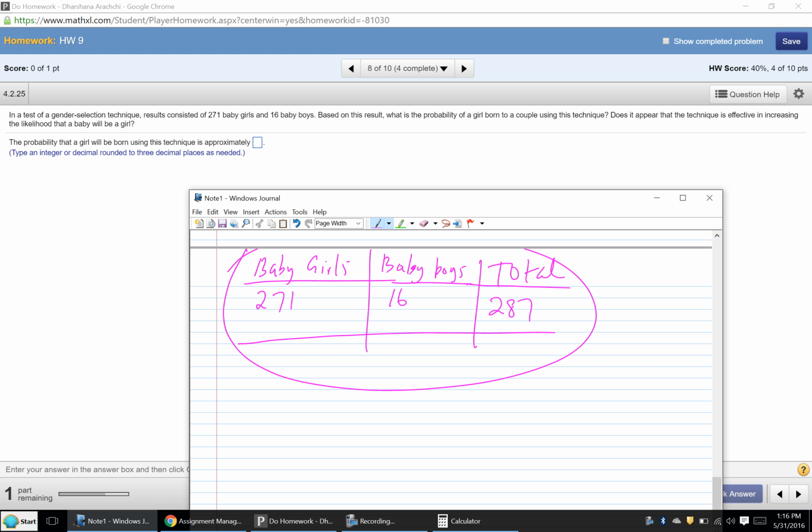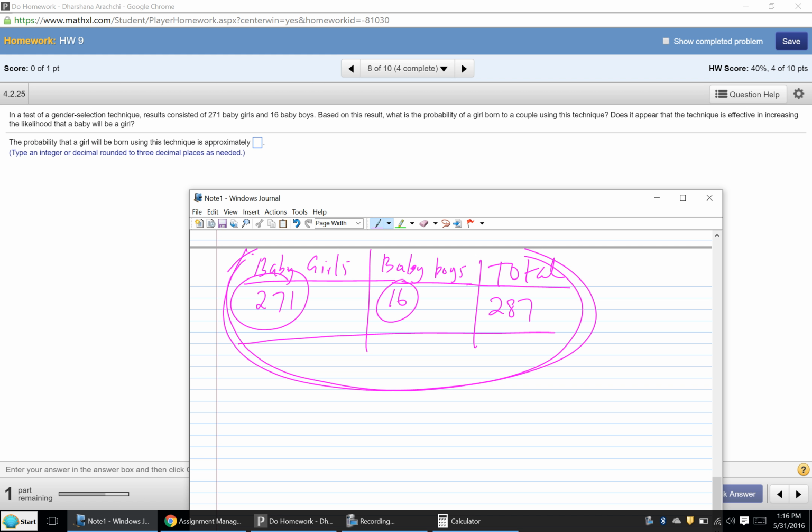We are going to approximate the probability of this event based on the past result. What is the past result? Out of 287 babies, 271 were baby girls and 16 were baby boys. So we're going to use this result to approximate this future event.